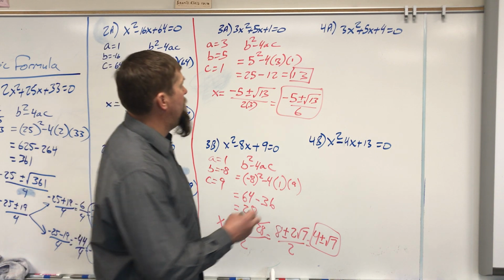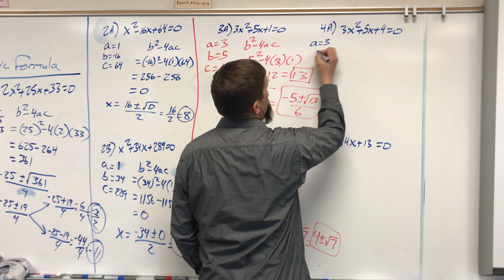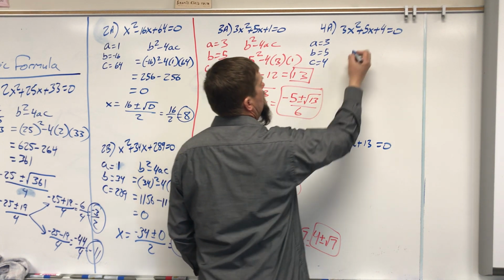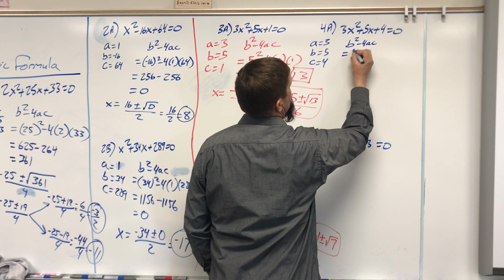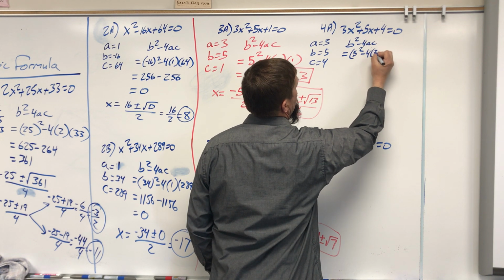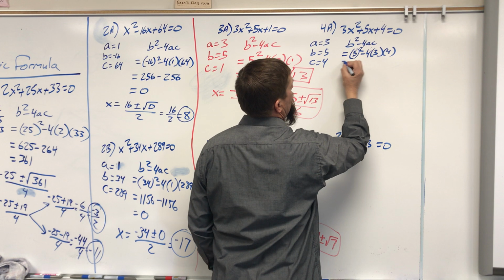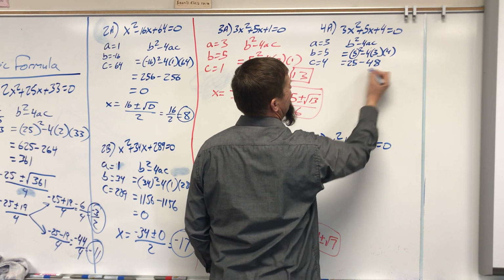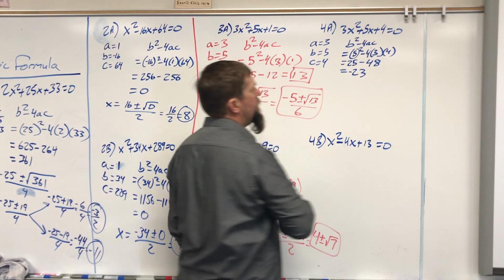4a, let's see what happens. A is 3, b is 5, c is 4. b squared minus 4ac is 5 squared minus 4 times 3 times 4, which is 25 minus 48, which is negative 23.